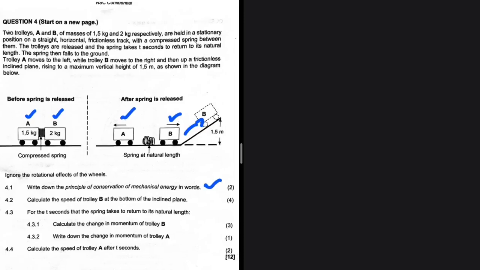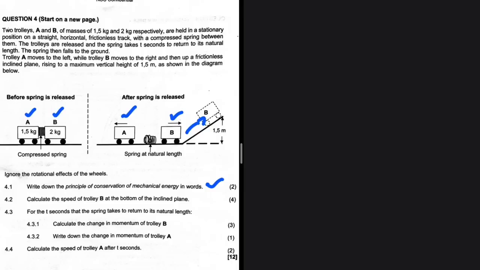We can clearly see here after the spring is released, trolley A moves to the left while trolley B moves to the right, and then trolley B goes up a frictionless inclined plane, rising to a maximum height of 1.5 meters as shown in the diagram below. So 4.2, calculate the speed of trolley B at the bottom of the inclined plane.